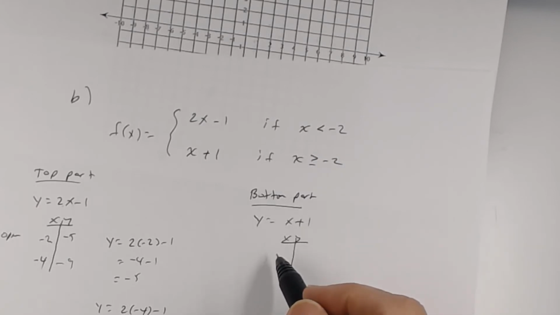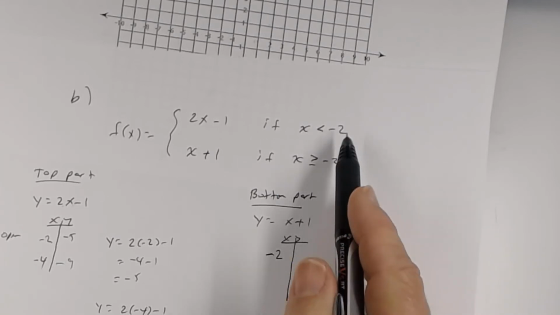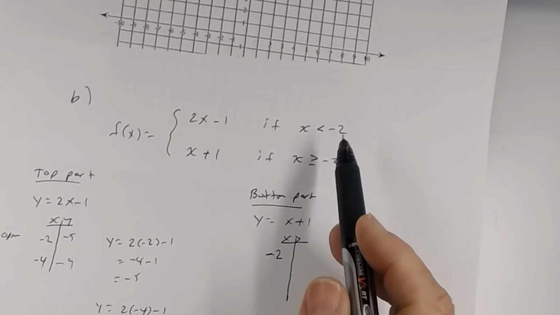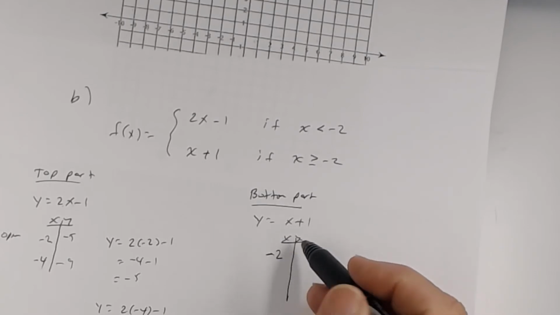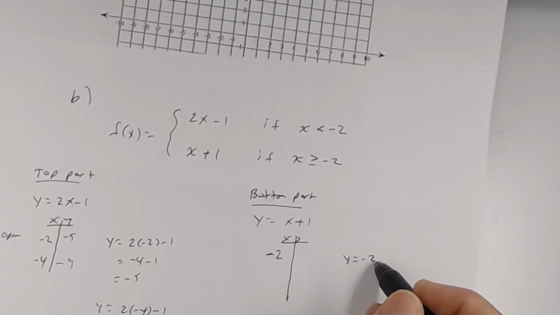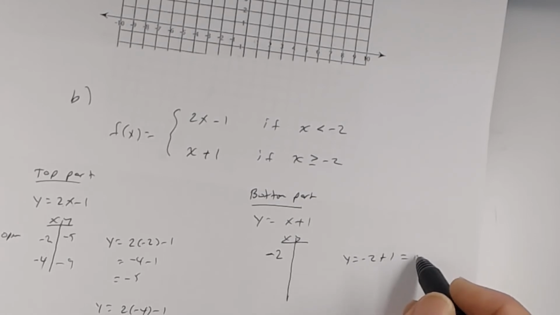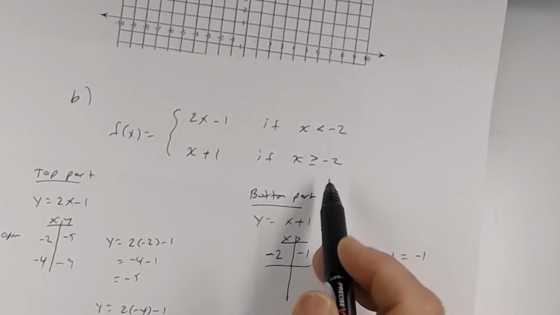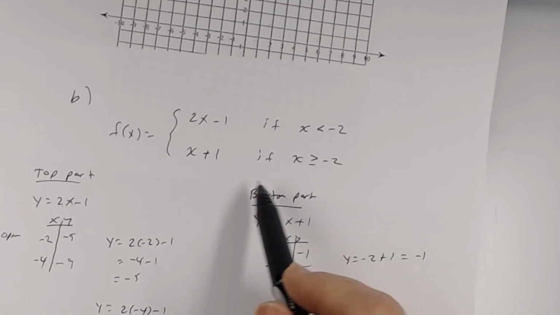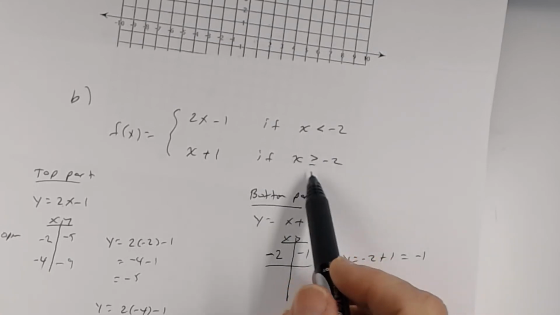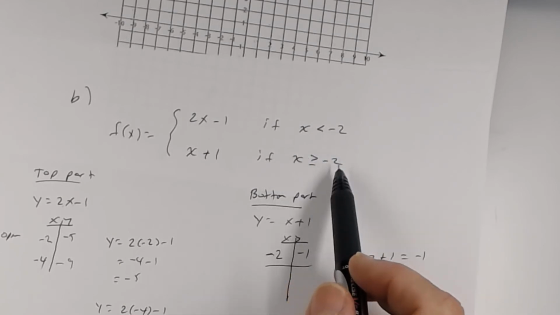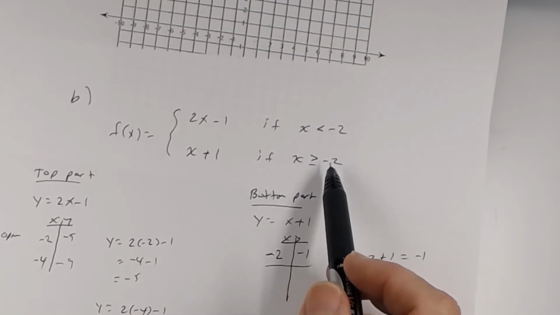Again, what x value must I use here? Negative 2. Whatever this x value that you see here, except one's going to be open, one's going to be closed. If x is negative 2, I get y equals negative 2 plus 1, which is what? Negative 1. Now I need one more point to graph y equals x plus 1. So I have to use an x value that's what? Greater than or equal to negative 2.